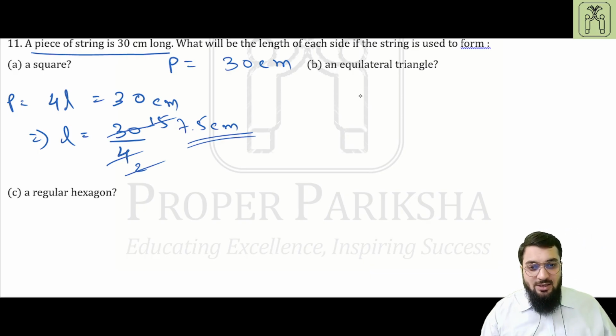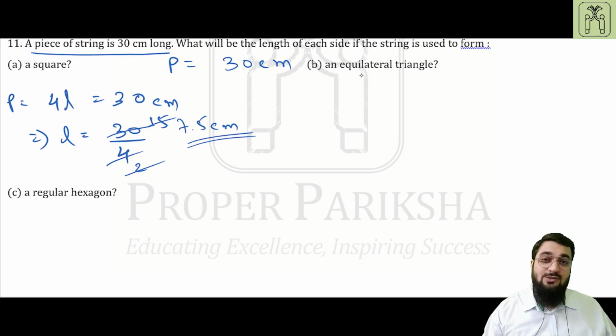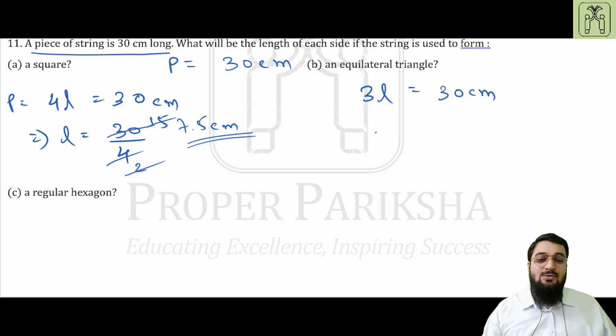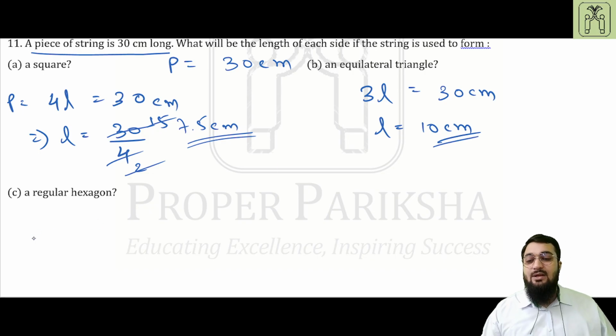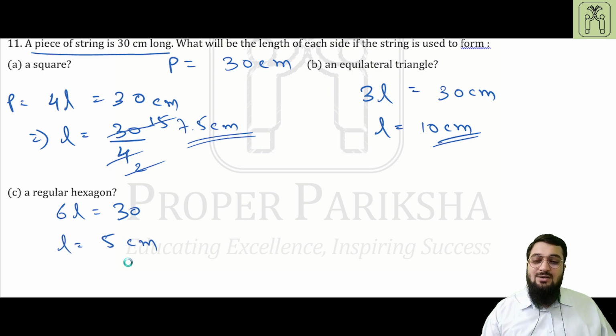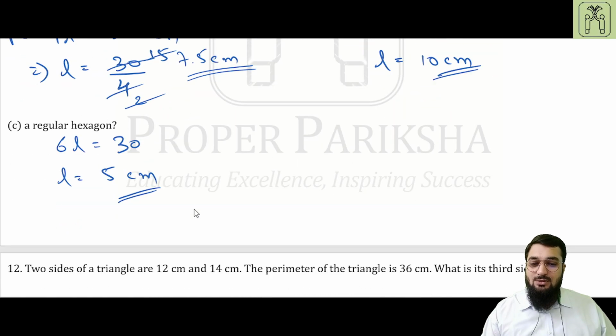So an equilateral triangle will have L1 plus L2 plus L3 all equal to each other. So that will be 3L is equal to 30 centimeters, which will give us L is equal to 10 centimeters each. Regular hexagon, that will be 6L is equal to 30, and L will be equal to 30 divided by 6, that is 5 centimeters. Coming to the next question. Question number 12.